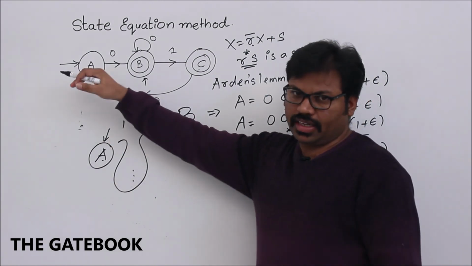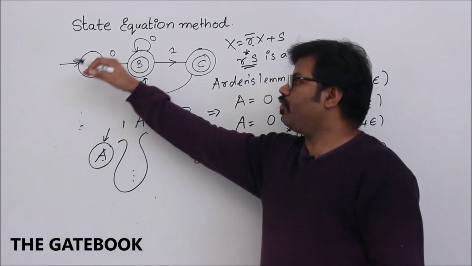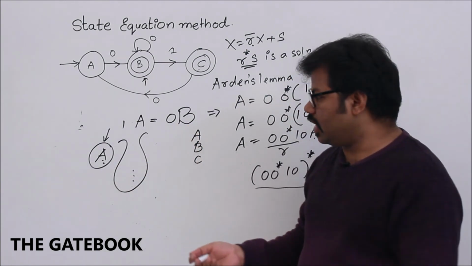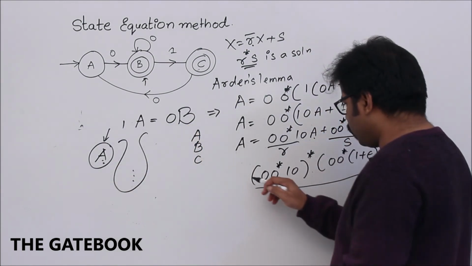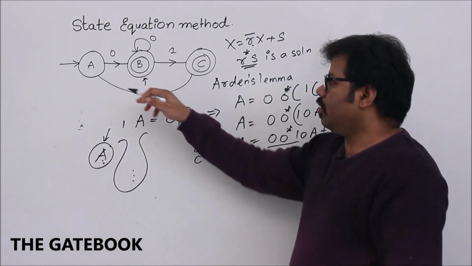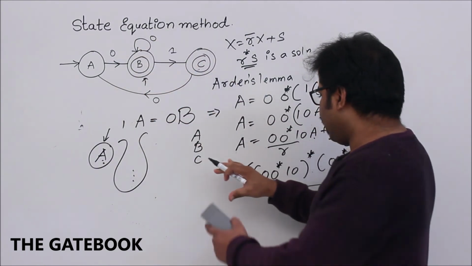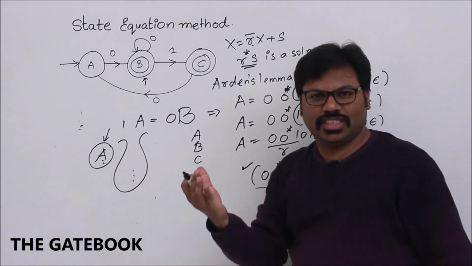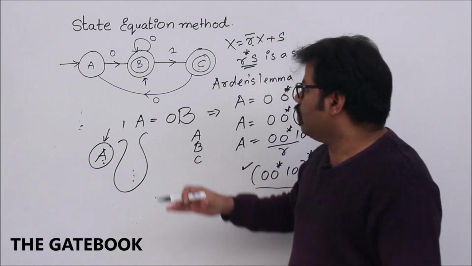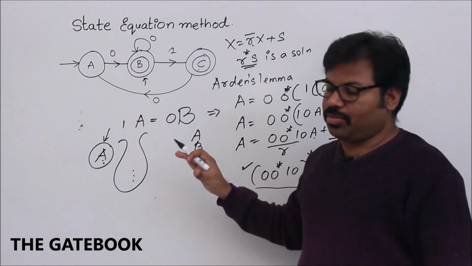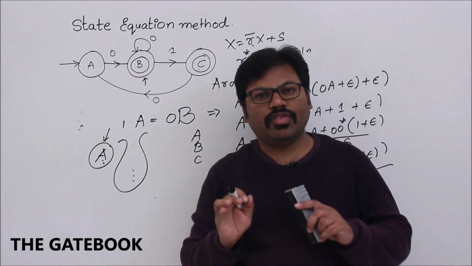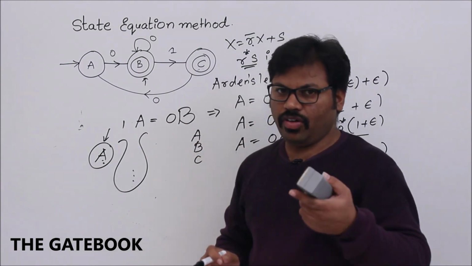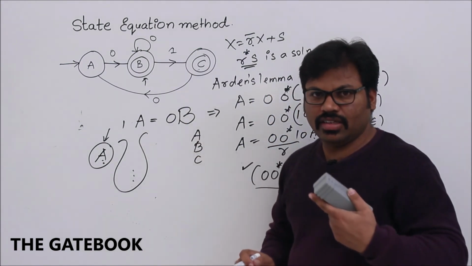For that you start at a and go to some final state on some string. Now a also describes the same thing. So the regular expression for this machine is the regular expression which represents the language of this machine. That's it. So finally we got the regular expression for the finite automata. Remember one thing: simply the equation for the start state is the answer. Now we will see one more example to get more clarity.